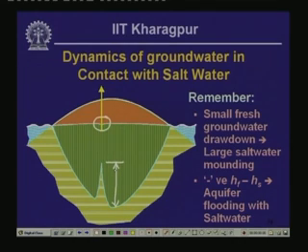Now, one question you could ask is how this freshwater wedge forms in the first place. The freshwater wedge forms because of receipt of precipitation within the land area and downward seepage of the precipitation that is received into the vadose zone, and eventually that forms the lens.